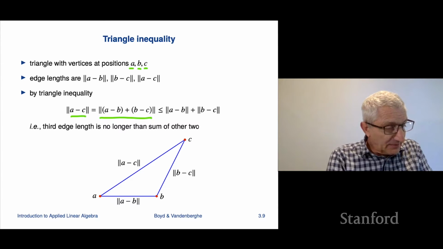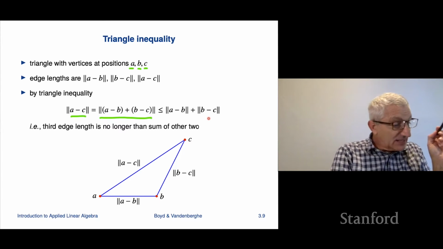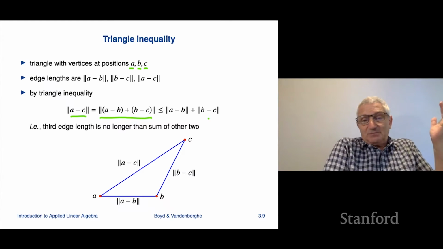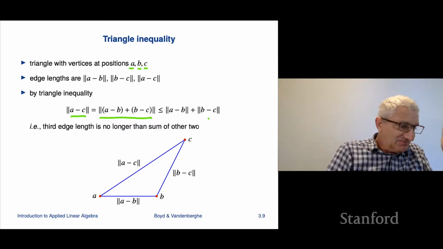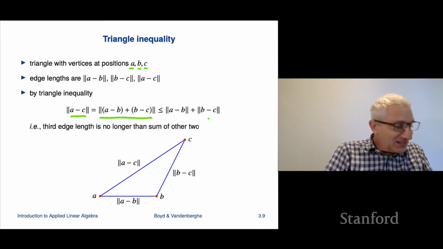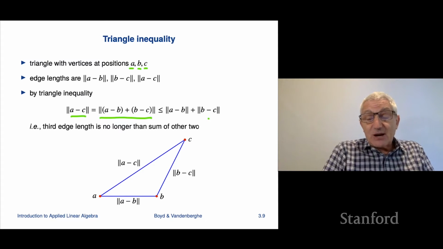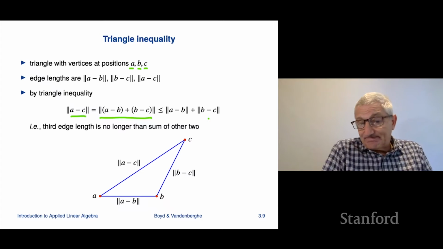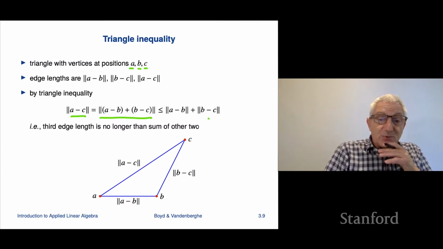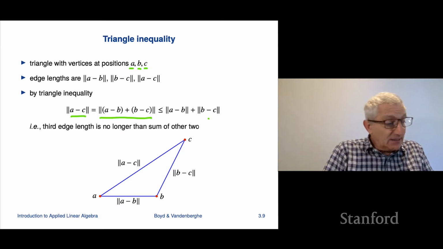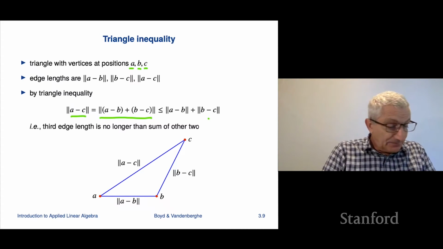So here I have norm of A minus B, norm of B minus C. And it goes way back, it goes to Euclid, I guess, and basically says the following. It says that the length of any side of a triangle is less than or equal to the sum of the other two lengths. So that's why this is called the triangle inequality, the original inequality for norms.